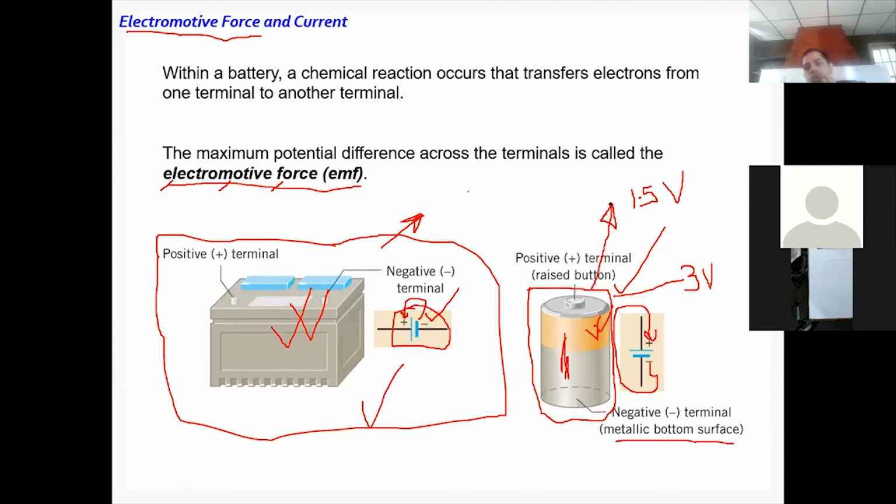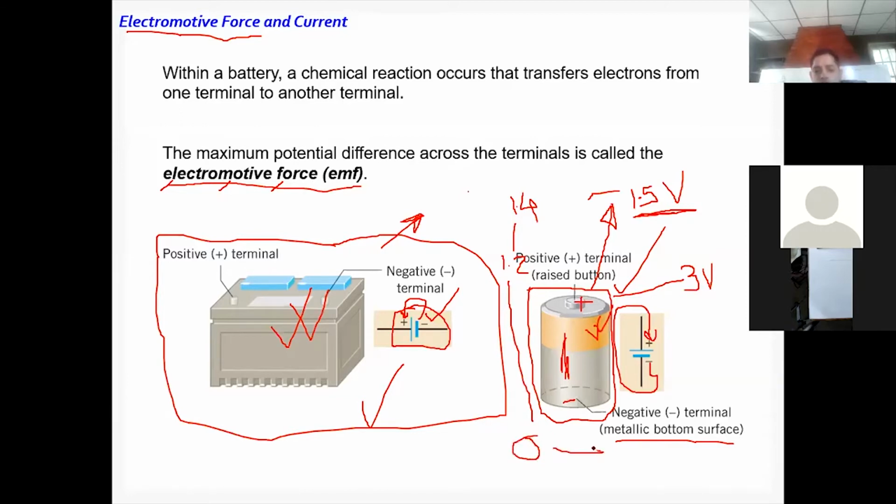So when it is new, the voltage between this plus and minus terminal is 1.5 volt. When you use the battery, 1.5 volt becomes 1.4, then 1.4 becomes 1.2, and so on and so forth, all the way to zero.